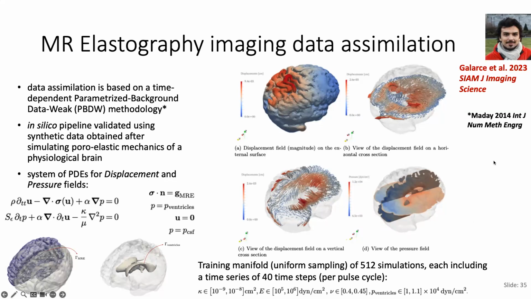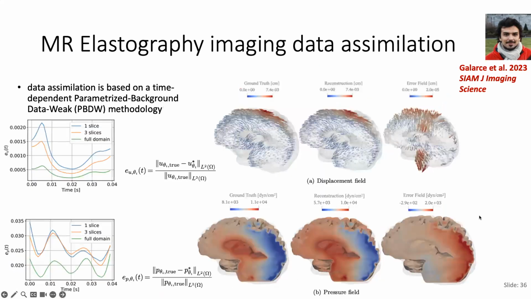On the right, I have some snapshots of the simulated solution. It is for a particular value of Poisson's ratio, shear modulus, and the mixture permeability factor, several milliseconds after the first pulsation.